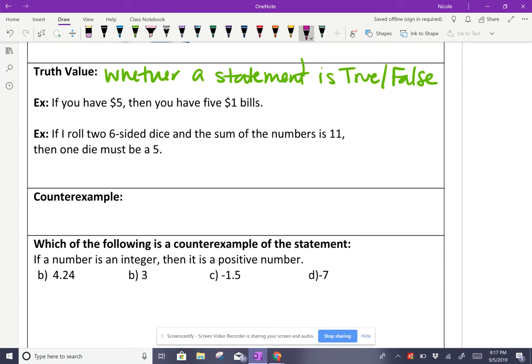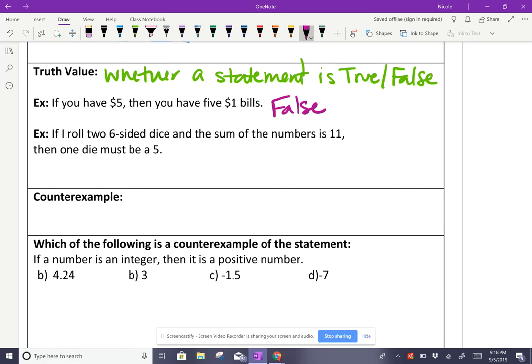Well, what if you have a $5 bill? Would that make this statement false? It would. What if you had 20 quarters? That would also be $5. So we have to say the statement is false because we can think up a reason why you could have $5, but it not be made up of 5 $1 bills.